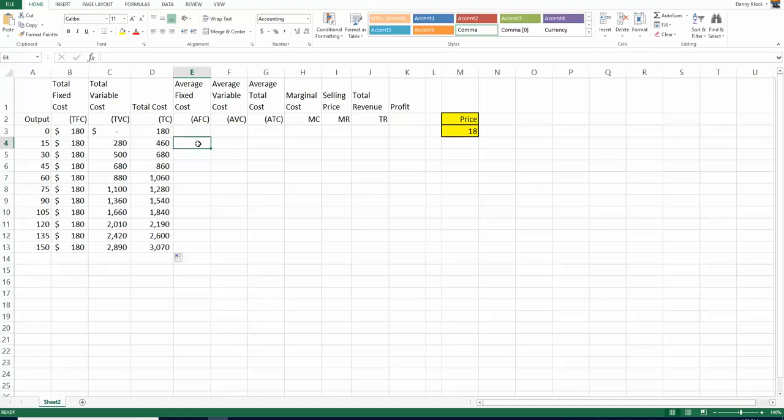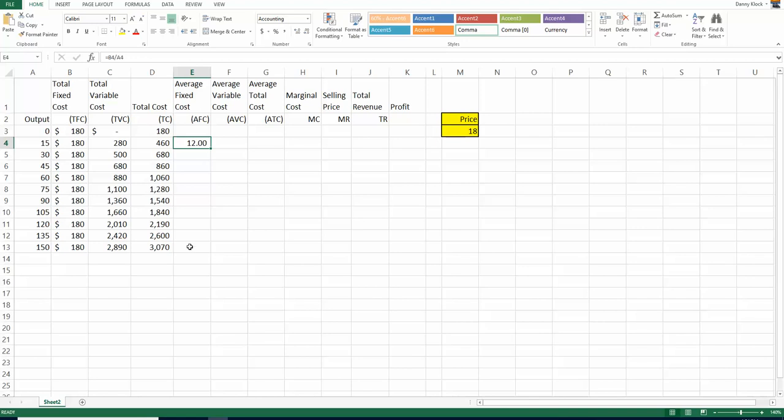I hate that error message. So I'm going to start here on row 4 where my first output is 15. The average fixed cost equals the fixed cost at this 15 output, that 180 divided by the 15. Enter that in, it is done.